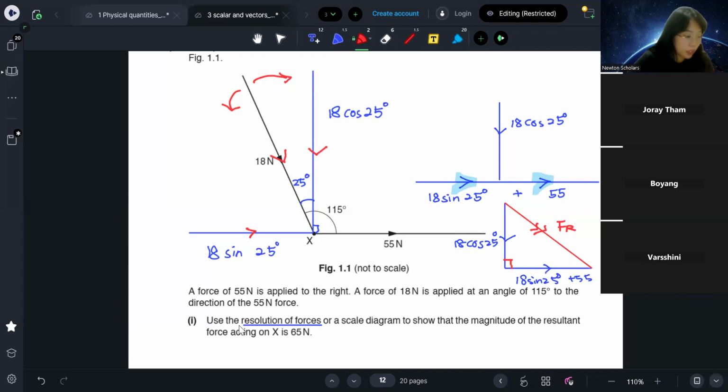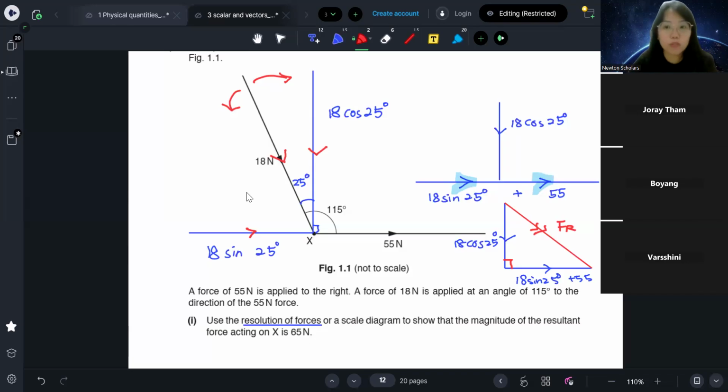Varshini, 62, thank you. 62.6 for horizontal, yes. Then vertical. Then what is your value for vertical? 16.31. Okay, good job.